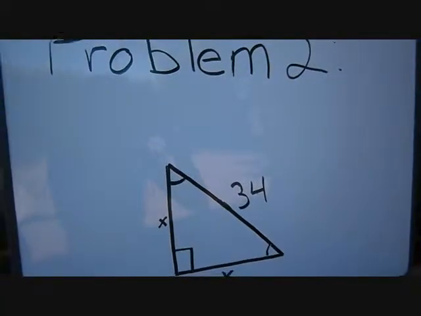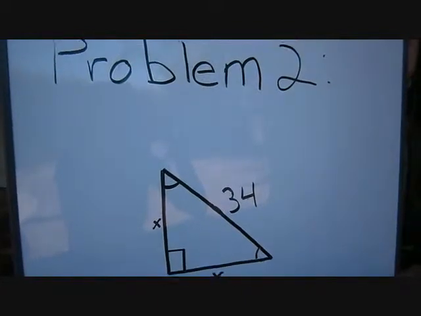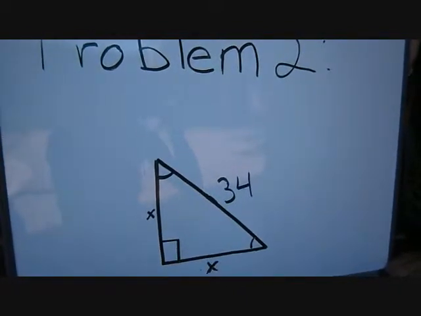Here is the second problem that Katherine will have to solve. In this problem, again, she is solving for x. This problem is a little bit harder than the first because this time she needs to know how to divide by a radical.